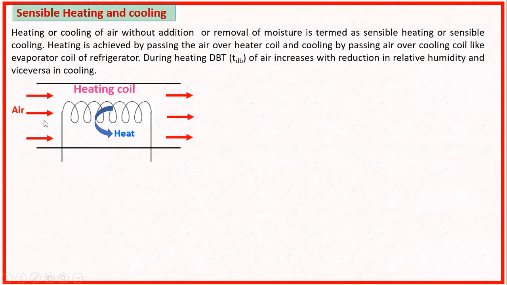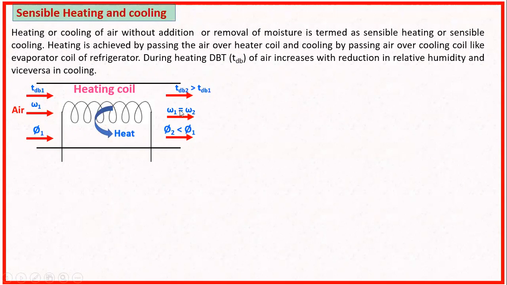Let the dry bulb temperature at the entry be TDB1 and at the exit be TDB2. Air, as it passes over the heating coil, takes the heat and raises its dry bulb temperature. So TDB2 will be higher than the inlet temperature.